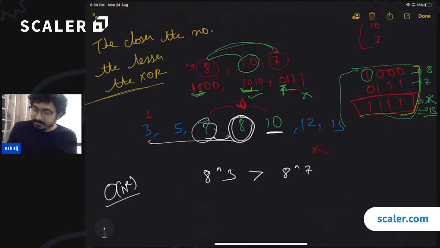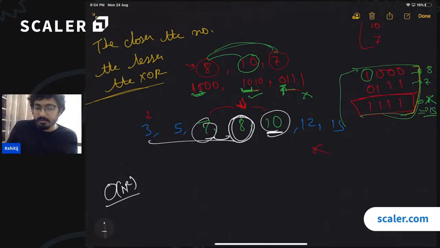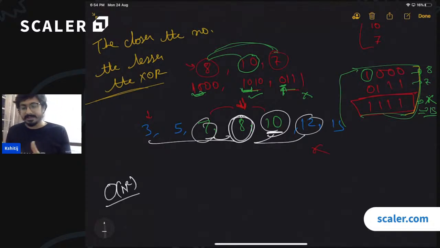Similarly, 8 XOR 10 will always be less than 8 XOR 12, because again 10 is closer to 8 than 12. So the chances of having a different bit on the right side are more for 10 rather than 12.